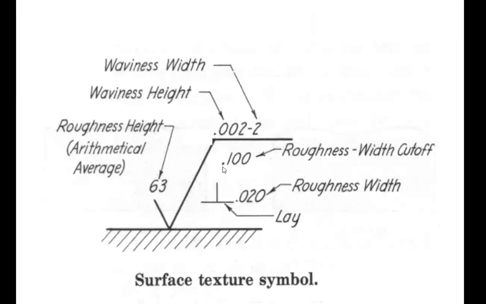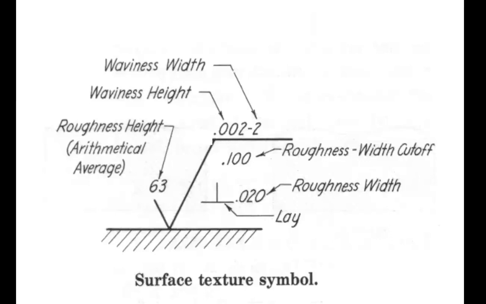The roughness width cutoff, practically, means the length of the path over the surface, the path selected to move the probe of the inspection instrument. The standard says to multiply the roughness width cutoff value by 5 to determine the total length of the path.